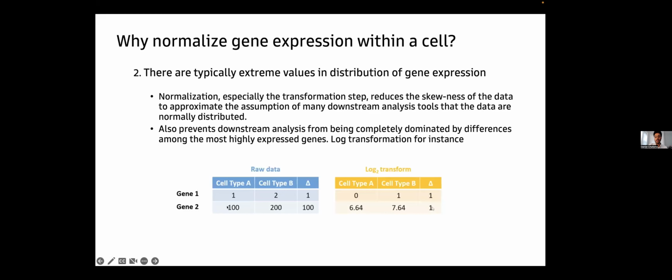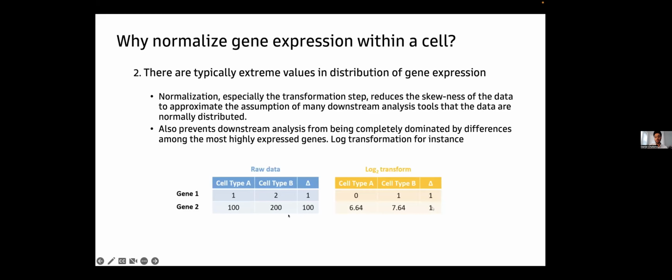For gene 2, they have 100 and 200. So if we're trying to compare the differences in raw data, we'll see that the difference is 1 for gene 1, but 100 for gene 2. Even though in a more intuitive sense, what happens between cell A and cell B is gene 1 doubles and gene 2 doubles as well.